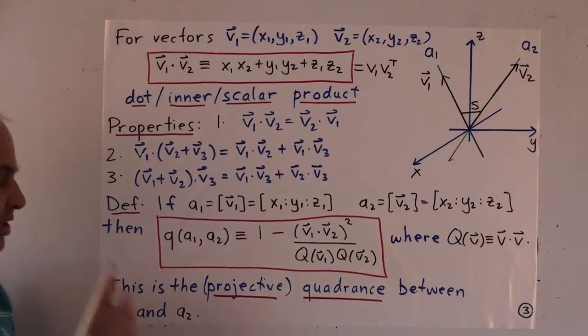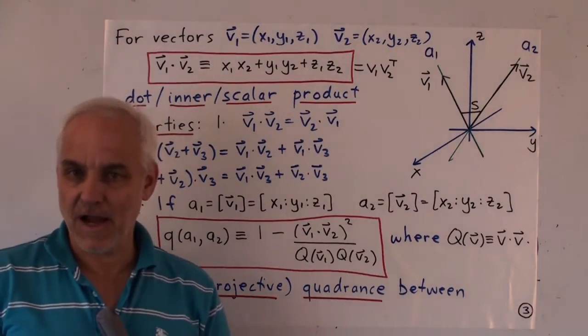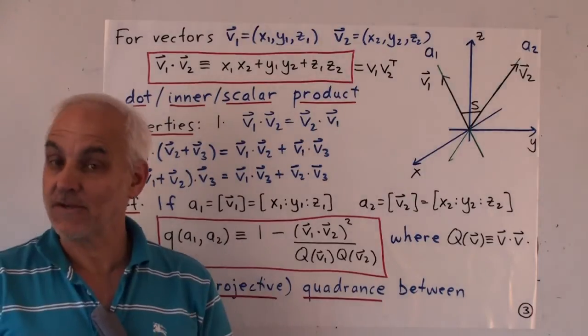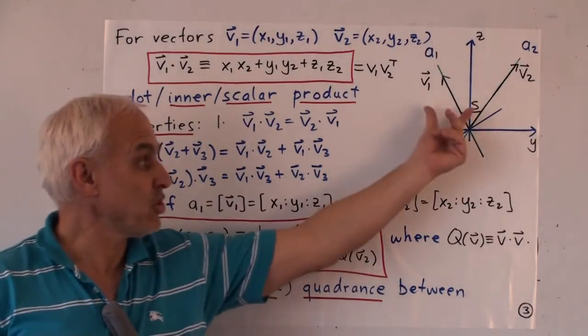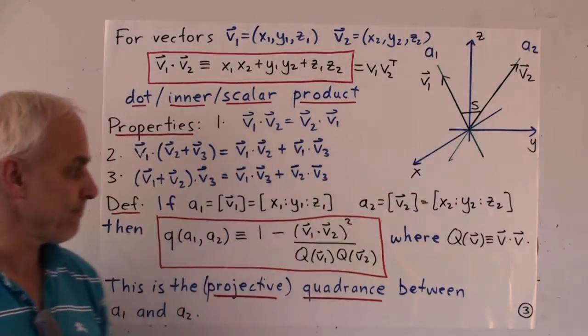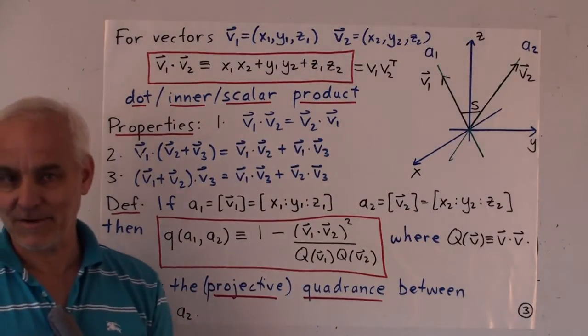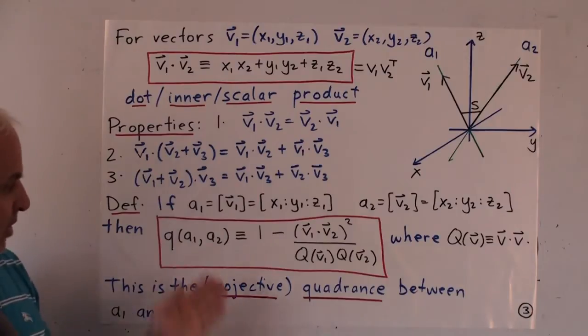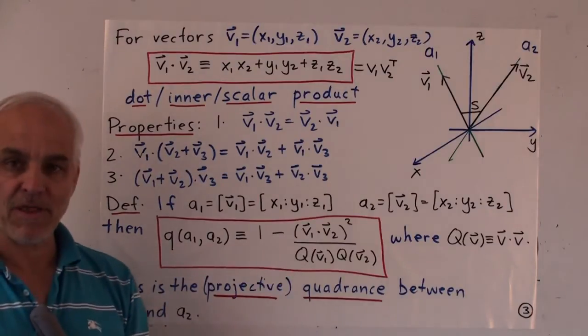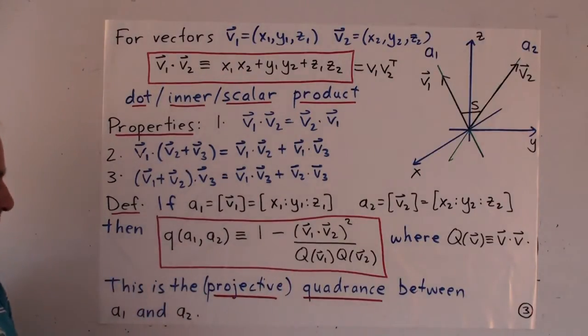All right, so how are we going to use this dot product to define the projective quadrance between these two projective points? Well, it will not be a surprise to those who have been watching the series up till now. We're going to use essentially the same kind of formula that we've already used before.